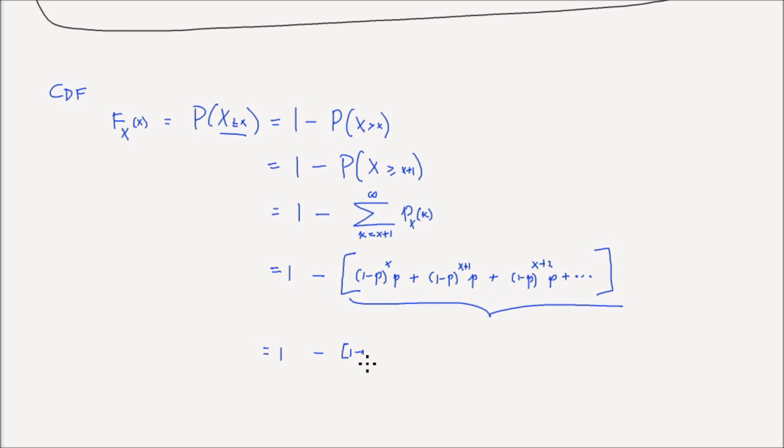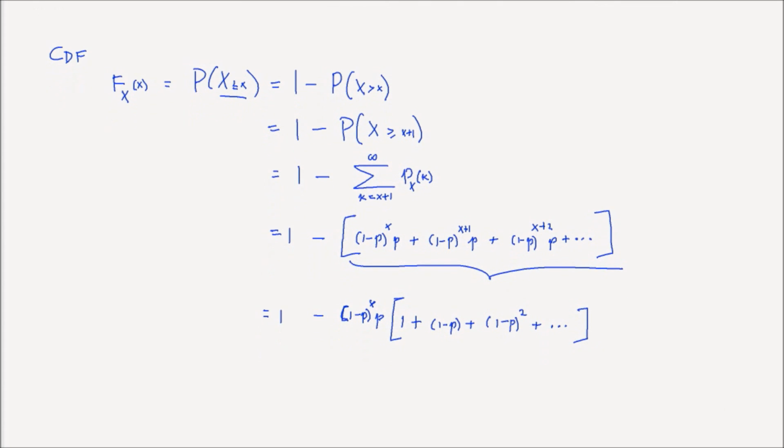1 minus 1 minus p to the power of x times p multiplied by, now when I take out 1 minus p to the power of x and p, I am left with 1 on the first term. The second term would have a 1 minus p. Third term would have 1 minus p to the power of 2, 1 minus p to the power of 3, and so on.